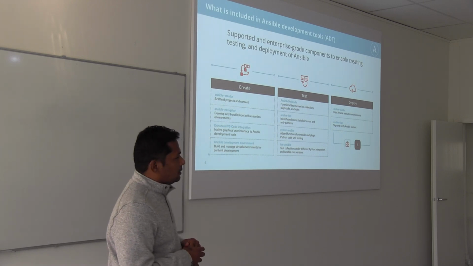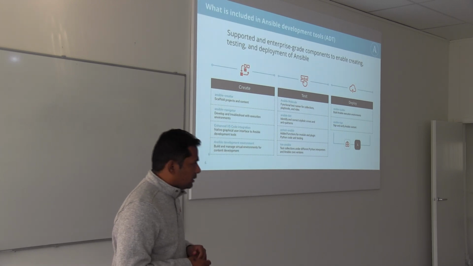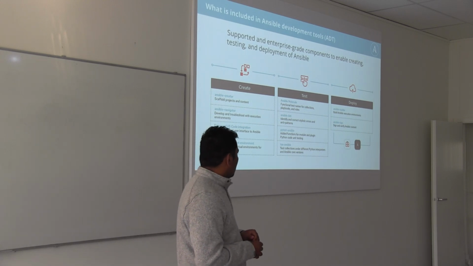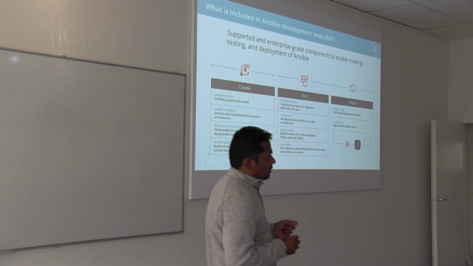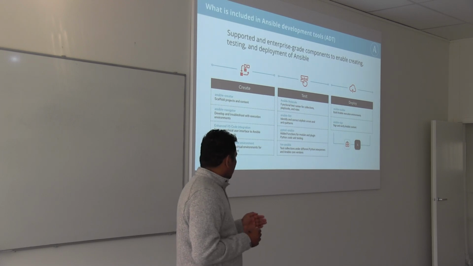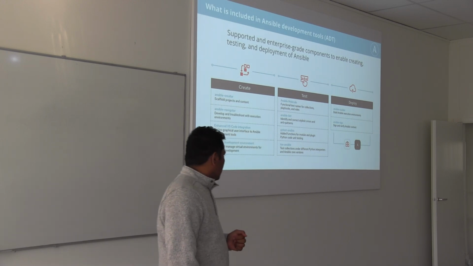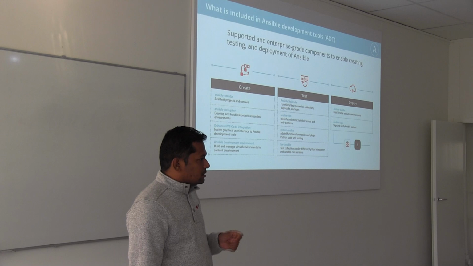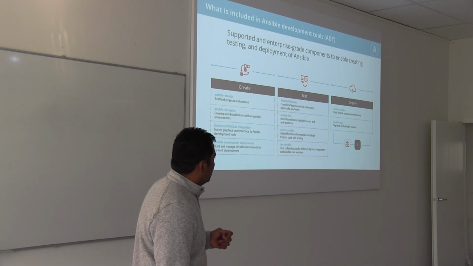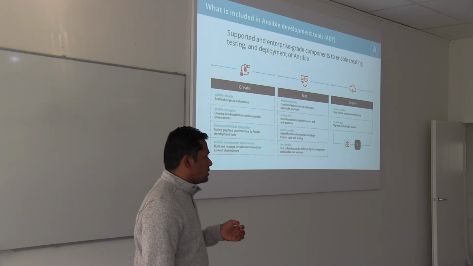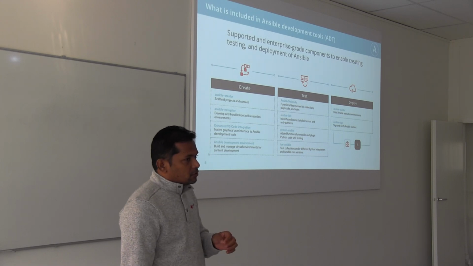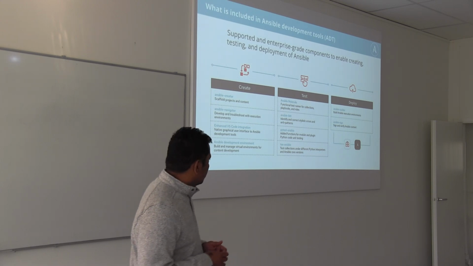Then pytest-ansible is an extension for the pytest tool. It is meant to ease the testing process for your modules, plugins, and the Python code. Tox-ansible is again an extension for tox. It helps you test your Ansible content across different versions of Python and Ansible core versions.